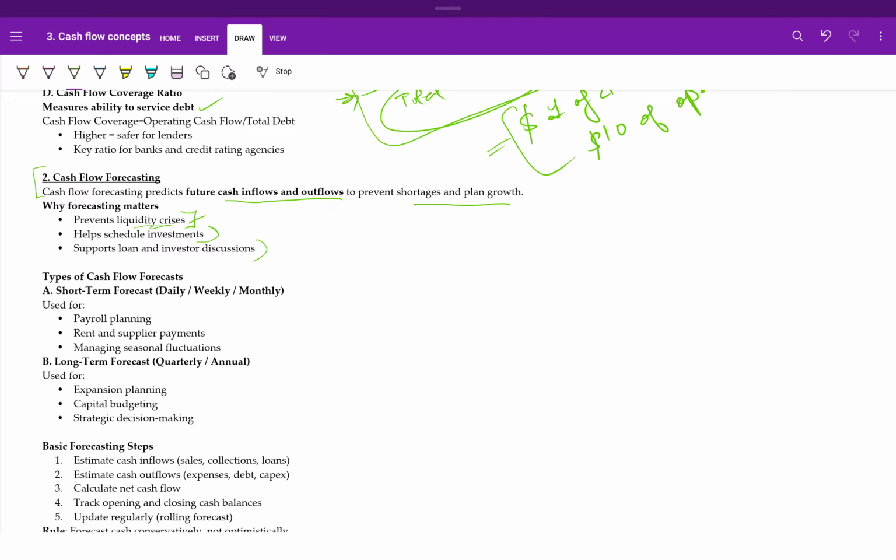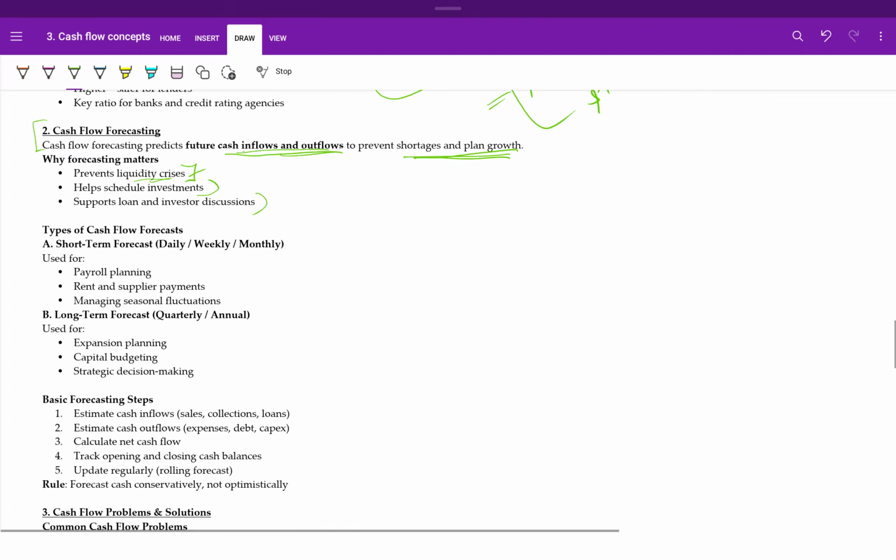And without forecasting, even profitable businesses can face sudden cash problems. So that's why we need to forecast the future cash inflows and outflows, so that we can plan our growth effectively and prevent any cash shortages in future.